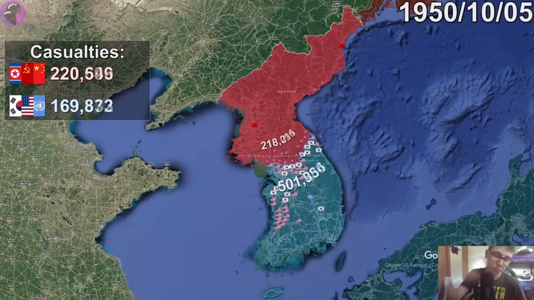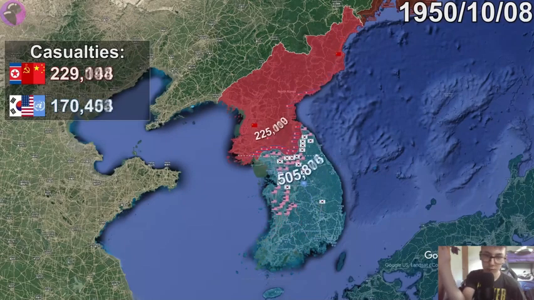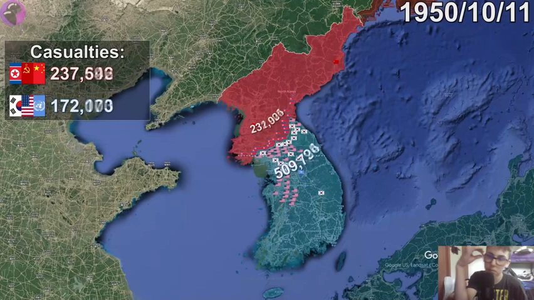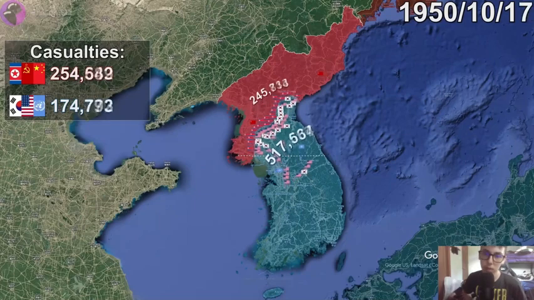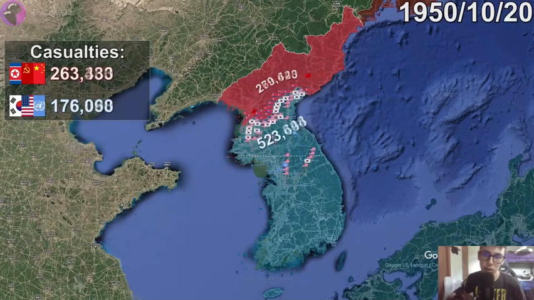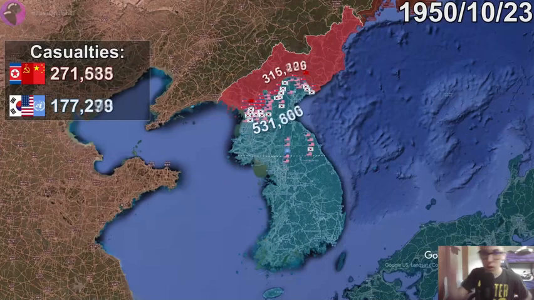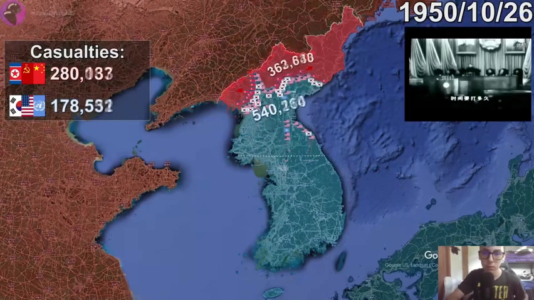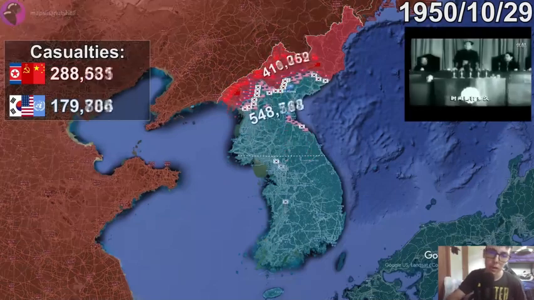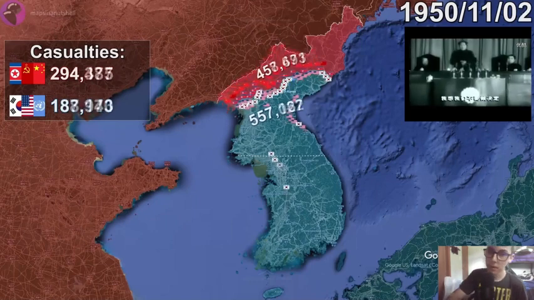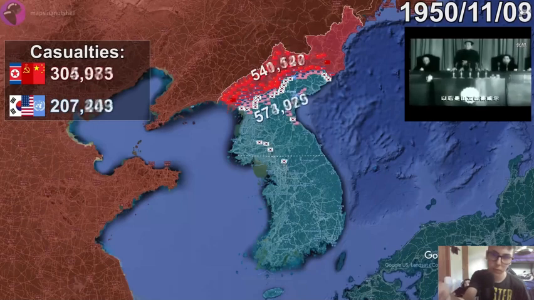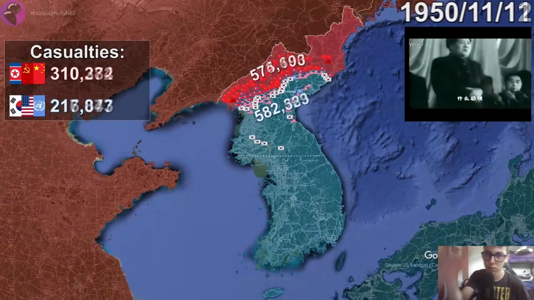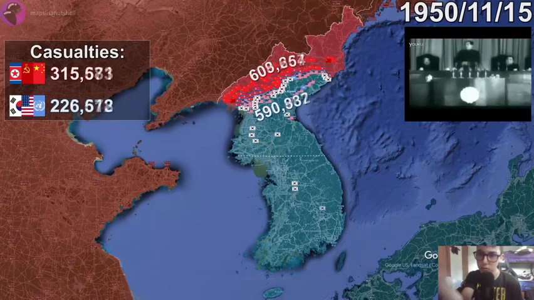Where the Cold War was like democracy forces against authoritarian forces, basically, as simply as I could put it. And now you can see the United States aiding against North Korean forces. And what happened? China saw they were getting a little bit too close, so China joined the war to help against America and South Korean forces, since the United States forces were getting close to China's border, the China-North Korean border.